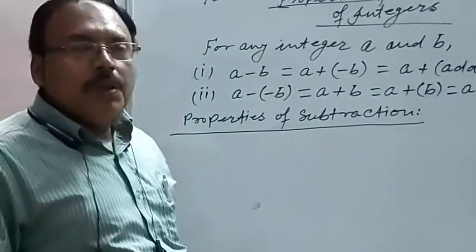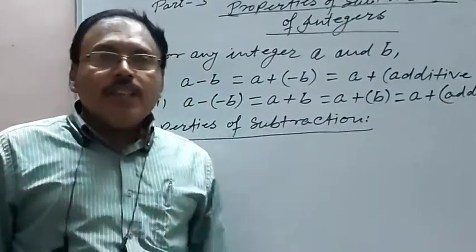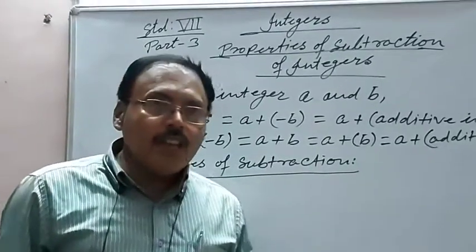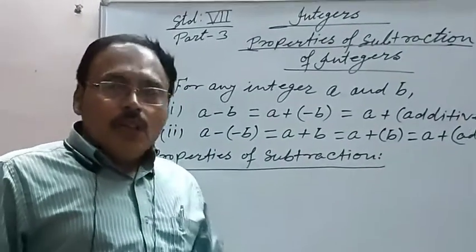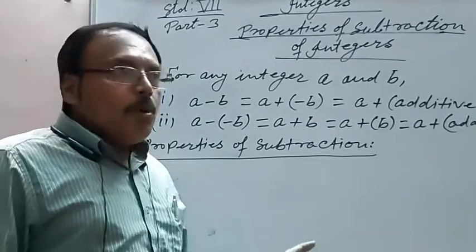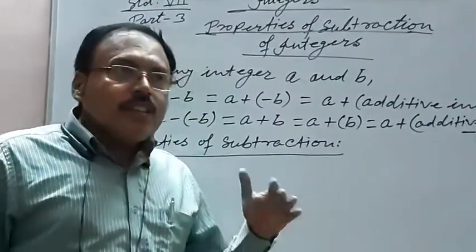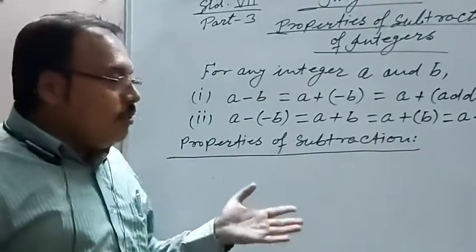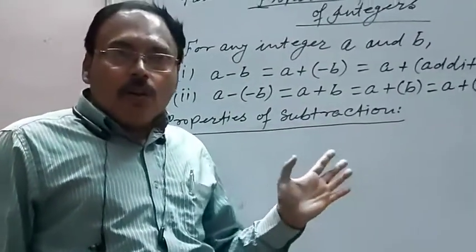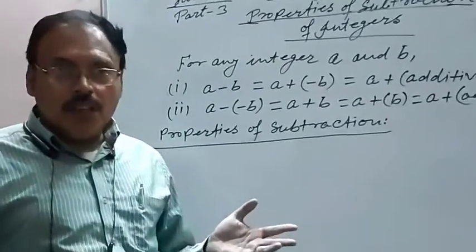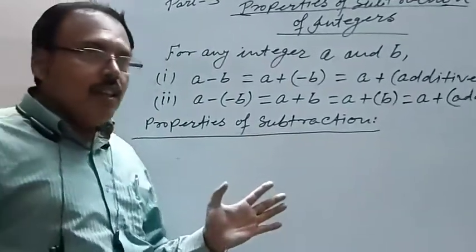As we learnt in the previous class the properties of addition of integers, in this class we are going to see the properties of subtraction of integers. Just like in addition, we have the closure property, commutative property, associative property, etc. So let us see here.